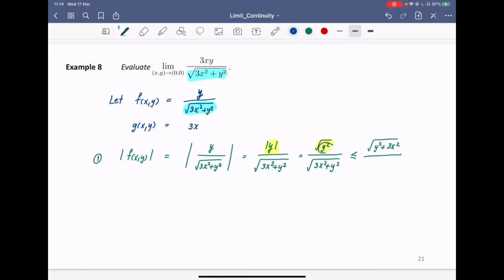Because y squared is always less than y squared plus 3x squared for sure, because 3x squared is greater than or equal to 0. That means you have this relationship, and on the denominator you have 3x squared plus y squared. The reason I do this is because I want to see the same thing so I can cancel out at the end. This is 1.